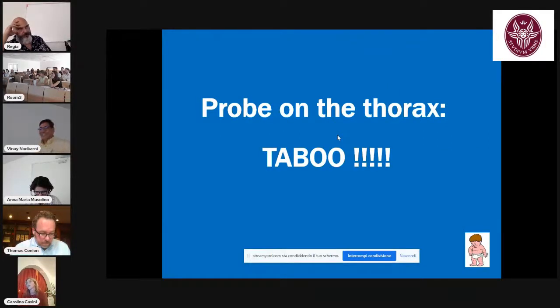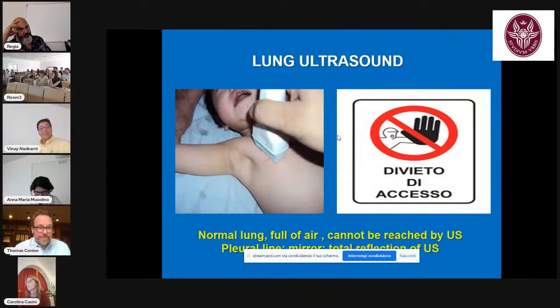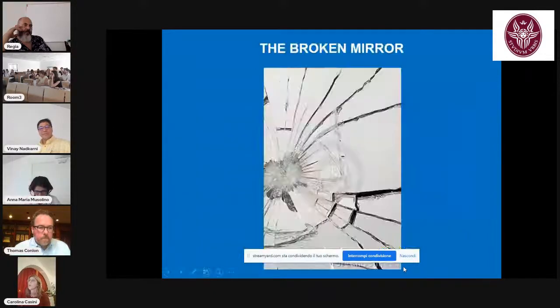The probe on the thorax was supposed to be a taboo, because a normal lung full of air cannot be reached by ultrasound, because the pleural line is like a mirror that causes total reflection of ultrasounds. But what happens when the mirror breaks? The broken mirror is the theory.